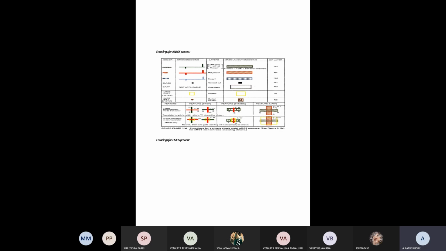So in case of the NMOS transistor, we have to represent the N diffusion with a green color. We have to represent that in the stick diagram.